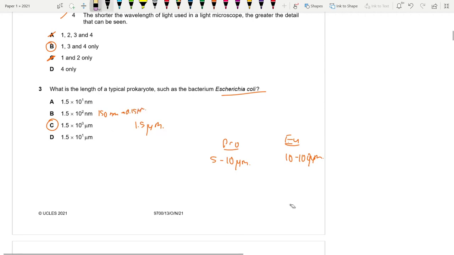That's too small. This is 15 micrometers, right? So 15 is a bit bigger than 10. So 1.5 is, yeah, it's the better one. Think of it as 1 to 10, all right? Prokaryotes should be around 1 to 10 micrometers typically.